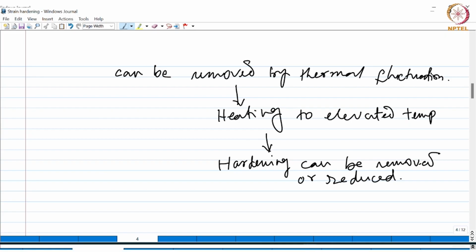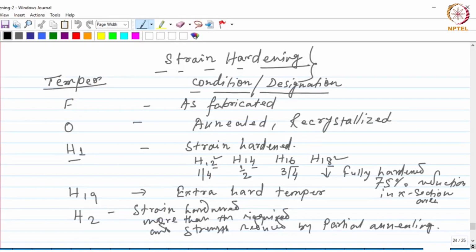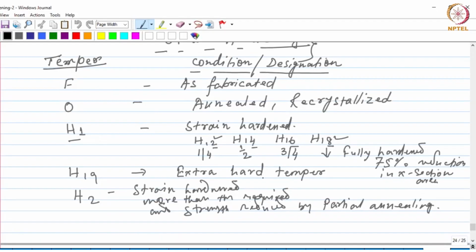Okay, so now if you go back to this alloy tempers with regard to the cold working or strain hardening, you would notice that in some of the cases, after the strain hardening, one more operation of heat treatment is given to the material, right?